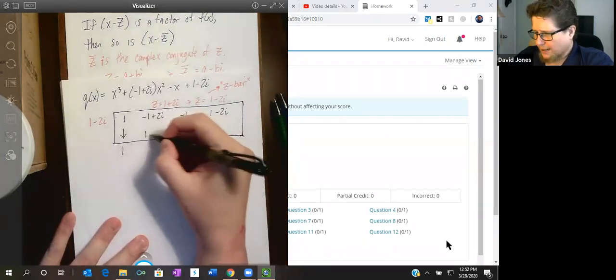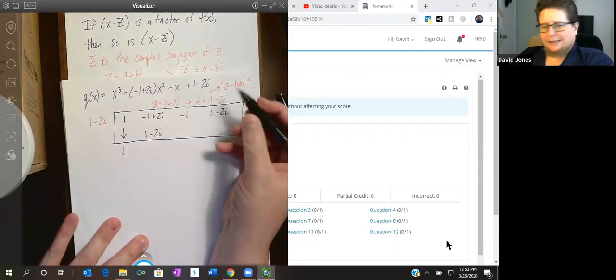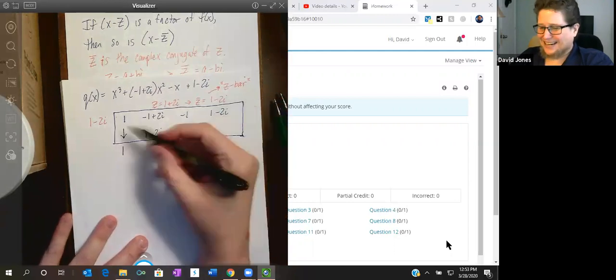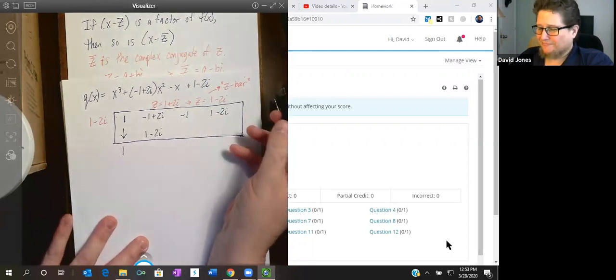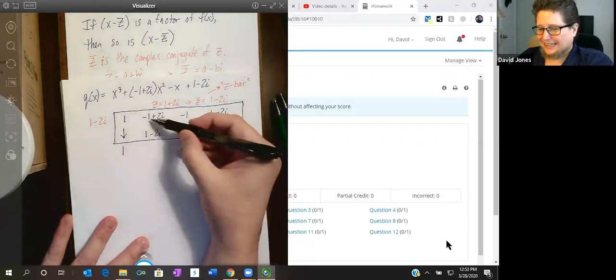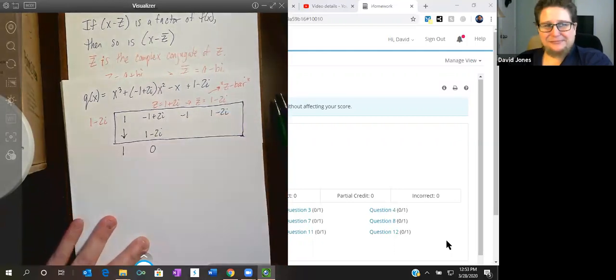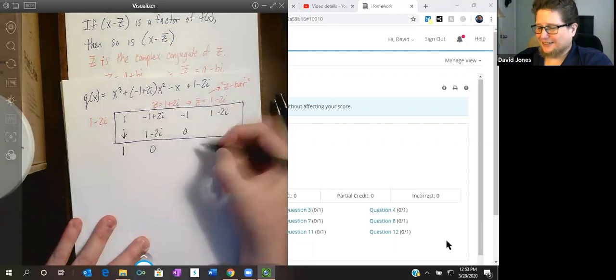Multiply it, I get 1 minus 2i. You thought this was going to be hard, didn't you? I knew you did. It looks intimidating, doesn't it? But look, I get 0 when I add that up. Which means that's 0.